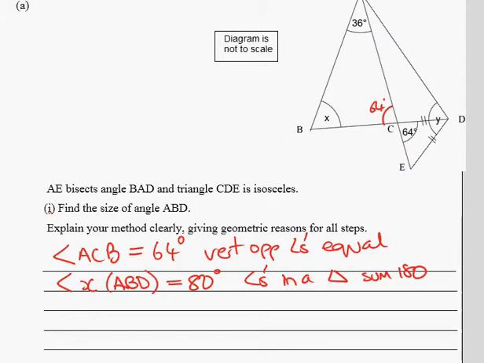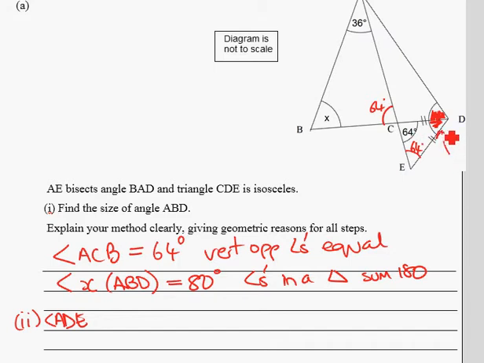Right, now I don't want to lose the diagram, so you can read ahead and look at part 2. It says to find the size of angle ADE. So let's have a look up here. ADE, that's that one in there. Right, so we know that that's 64, even if it's not going to stay there.